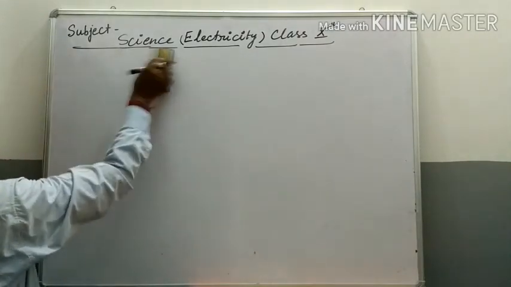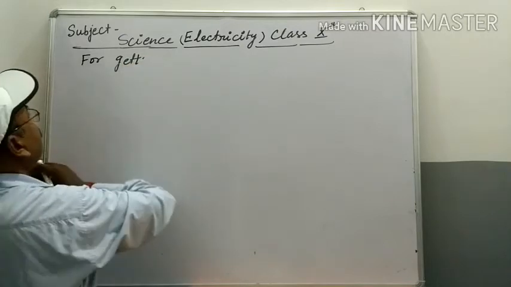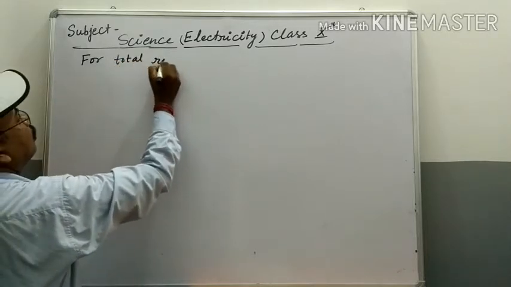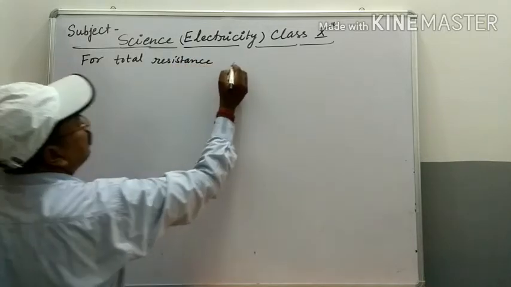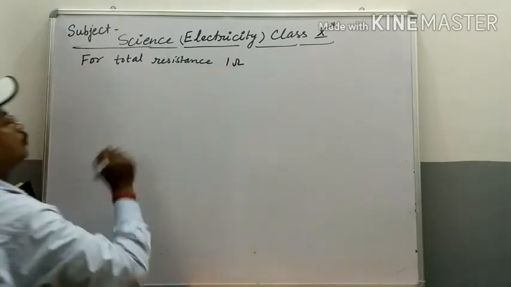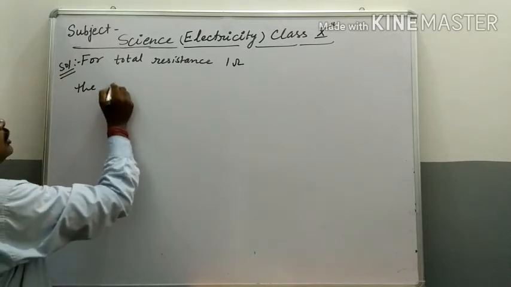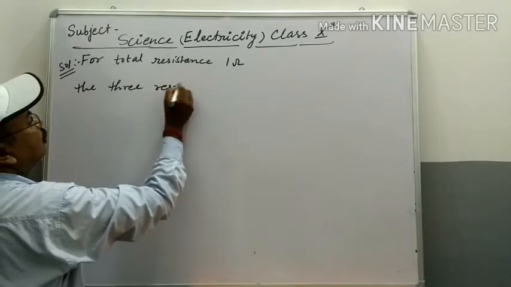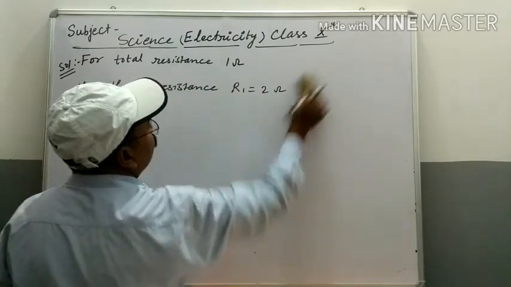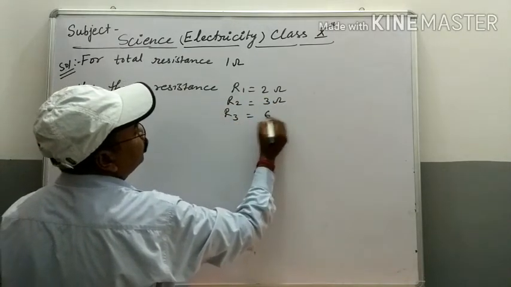For getting total resistance 1 ohm, the three resistances are R1 equal to 2 ohm, R2 equal to 3 ohm, R3 equal to 6 ohm.